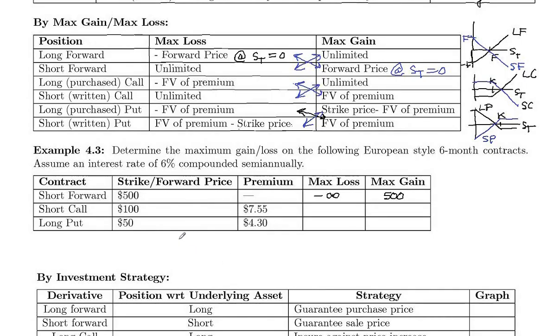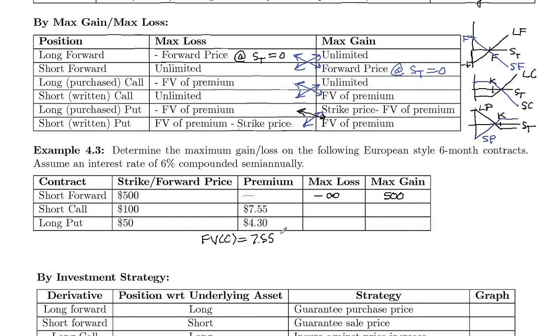The accumulated value of the call premium is 7.55, and these are 6-month contracts with 6% compounded semi-annually, so that's 3% per semi-annual period.